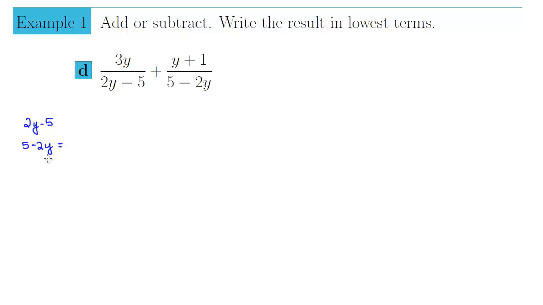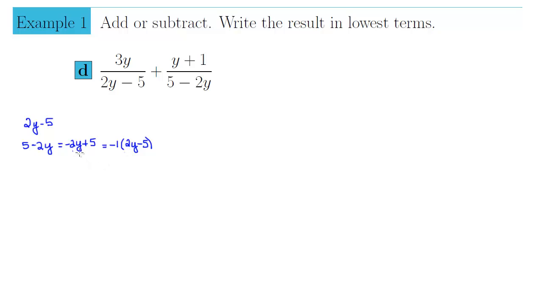So let's do that. 5 minus 2y. I can rewrite that as negative 2y plus 5 if I put the variable term first. And by doing it this way, notice I now see there's a negative sign that I can factor out from the front. I'm going to factor out a negative 1. And when I factor out a negative 1, I'm left in the parentheses with 2y minus 5.